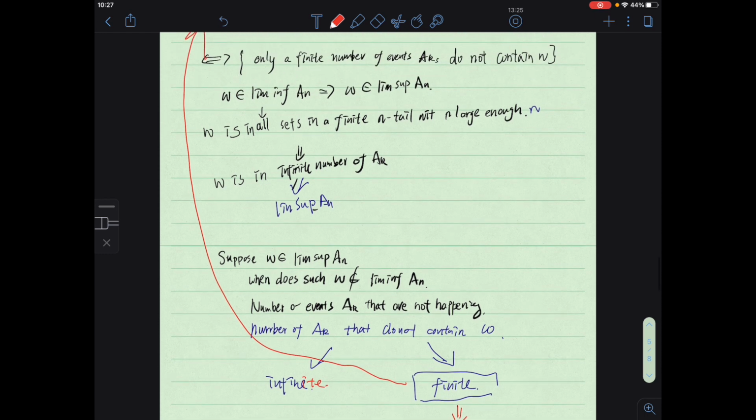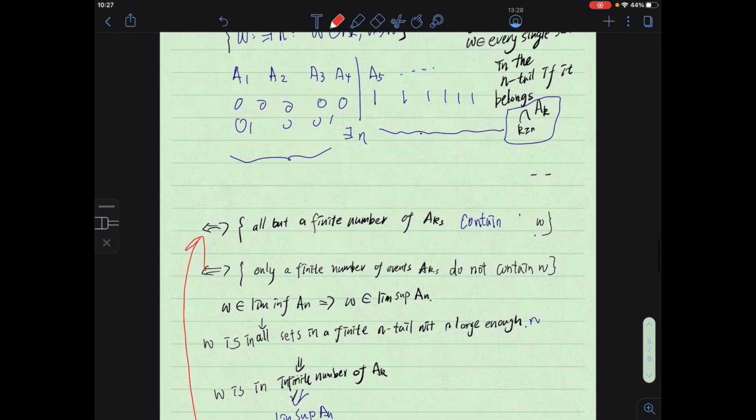The answer is no, because if you look at the graph we've drawn above, there has to be only a finite number of sets that do not contain omega in order for all the events in the n-tail to contain omega, right? So if you have an infinite number of events that do not contain omega, then we cannot have a tail of all events that contain omega.